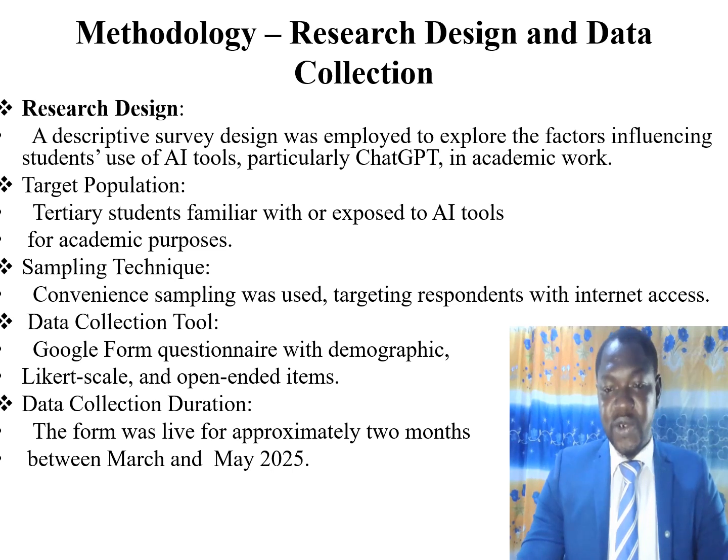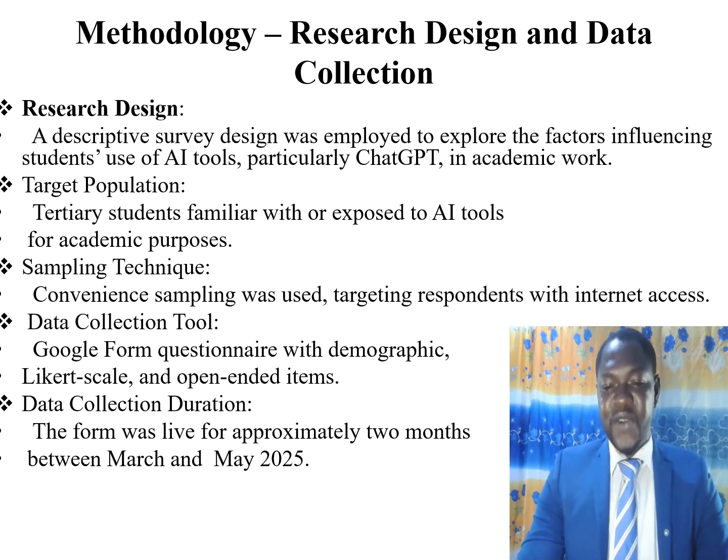The sampling tool. Convenient sampling was used, targeting respondents with internet access. Internet access was key because the data collection tool was a Google Form questionnaire with demographics, Likert scale and open-ended items.